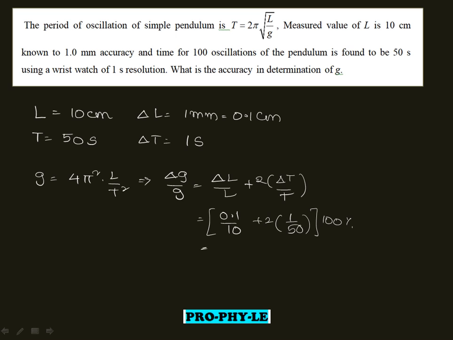So 0.1 into 100 is 10, 10 by 10 is 1, plus 2 into 2 is 4, so this will be 5%, or if you are asked for its value, 5 by 100, that is 1 by 20. So we can measure up to an accuracy of 1 by 20 or 5%. That is how you have to solve this question.